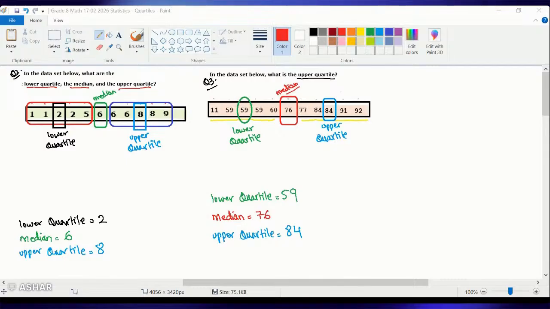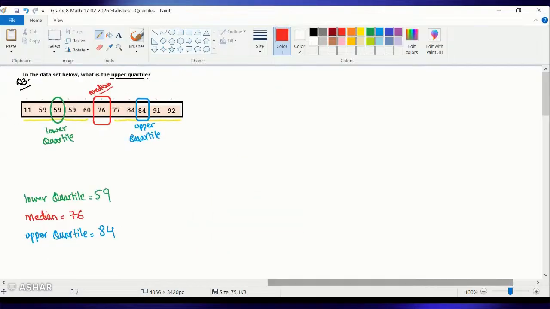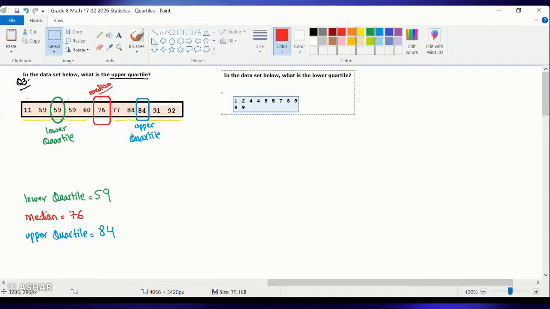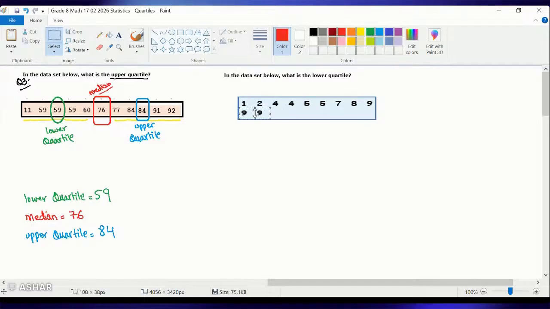For the information that has been provided to us, let's find the lower, upper, and median. For question number 4, if the given information says in the data set, what is the lower quartile, upper quartile? Let's see. If these values were given to us, let's move these values in a straight line.